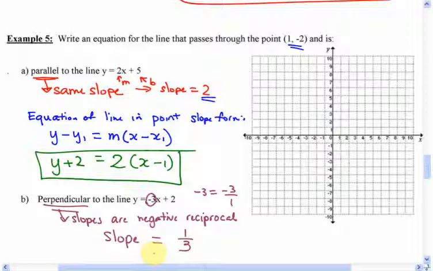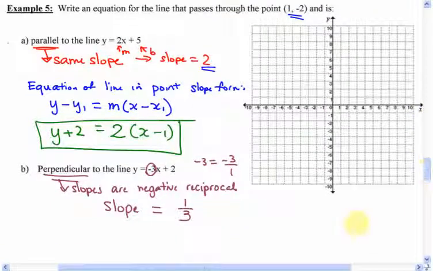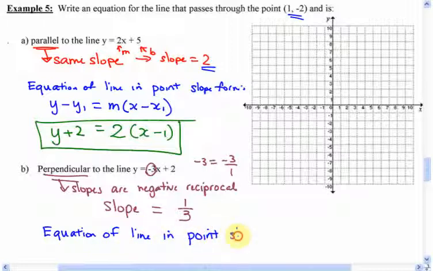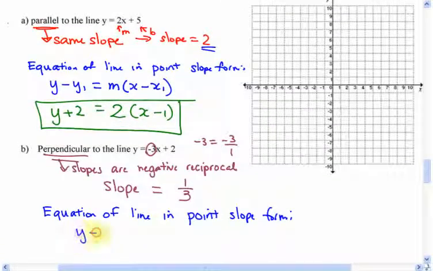Good. Now go ahead, please, and find the equation of a line again in point slope form. And your answer should look something like this.